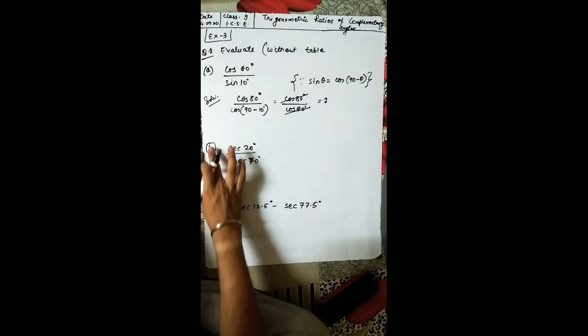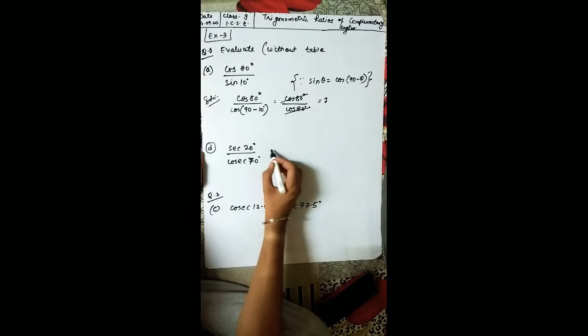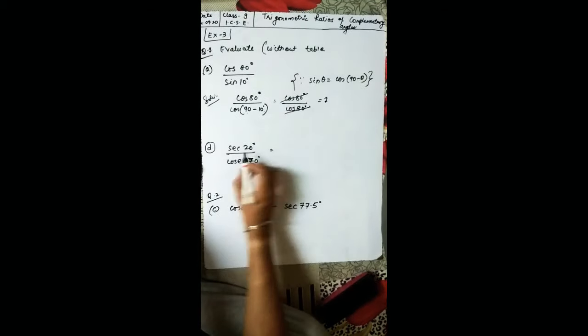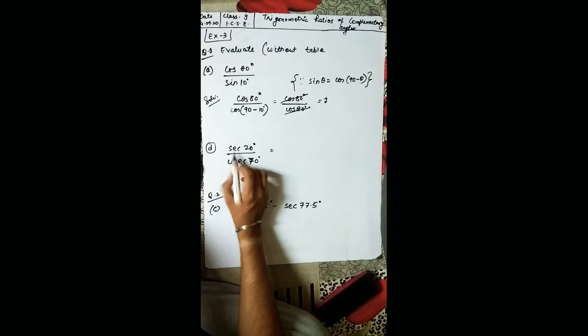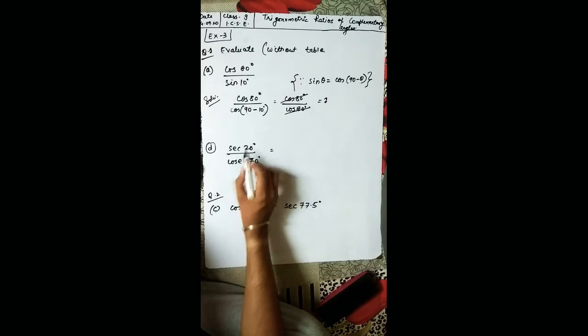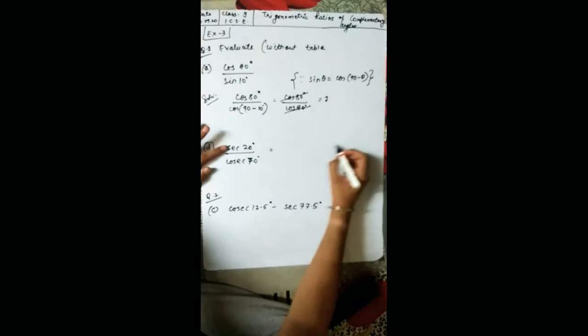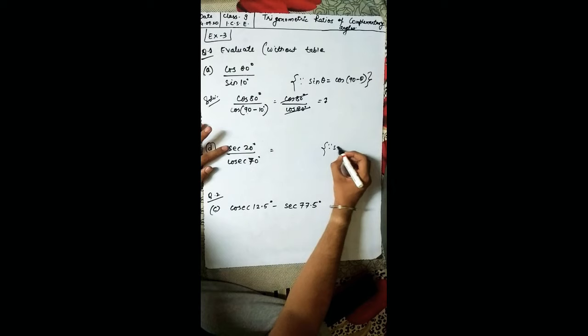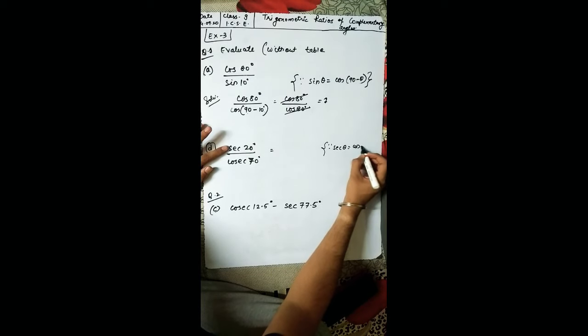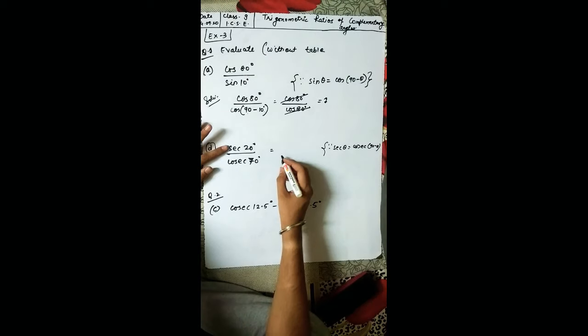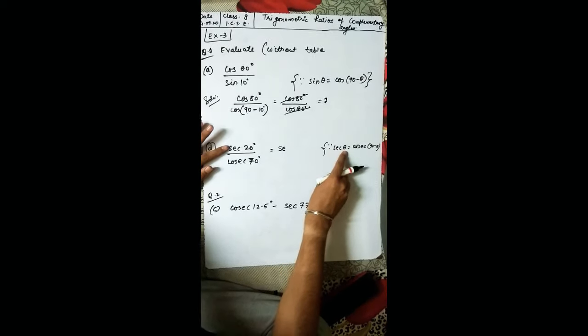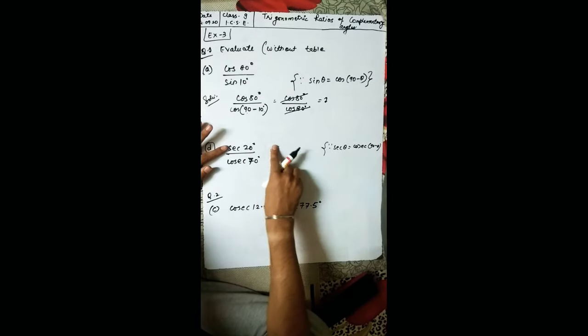Now I've taken D1. Again, sec and cosec are co-functions of each other. The co-function of sec is cosec, so they can be changed. We can write sec theta as cosec 90 minus theta.